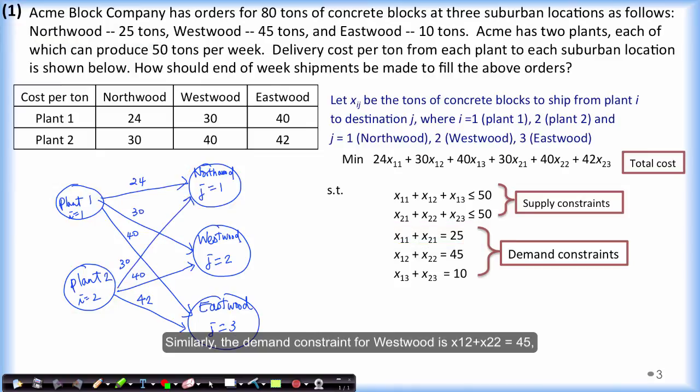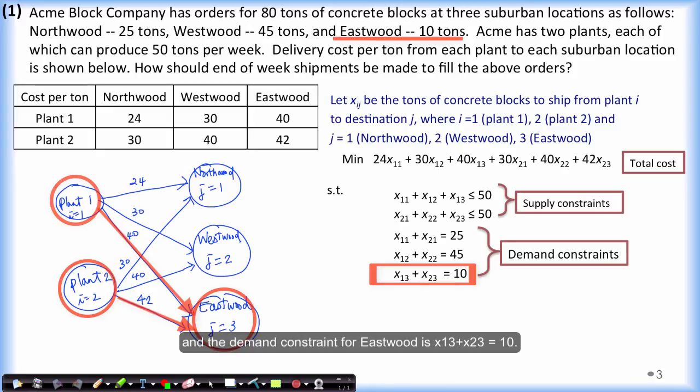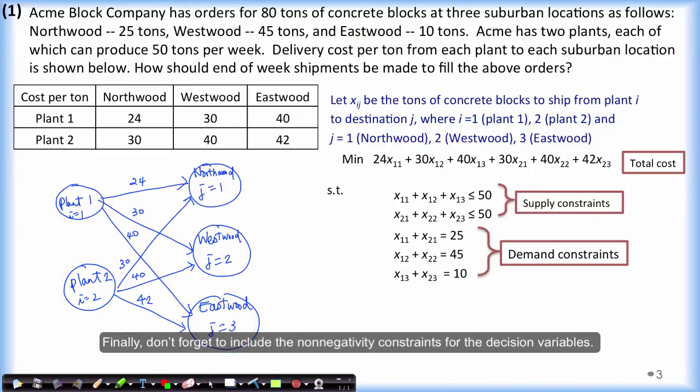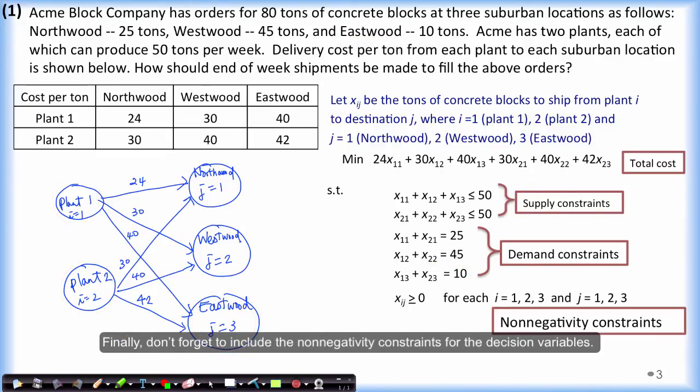Similarly, the demand constraint for Westwood is X12 plus X22 equal to 45. And the demand constraint for Eastwood is X13 plus X23 equal to 10. Finally, don't forget to include the non-negativity constraints for the decision variables.